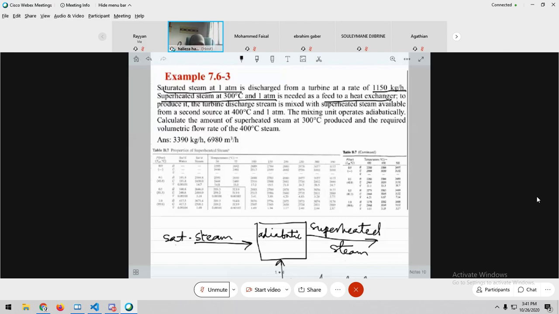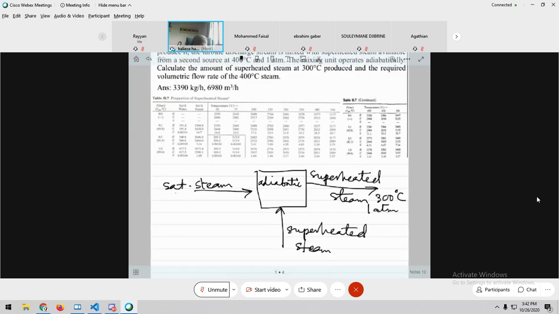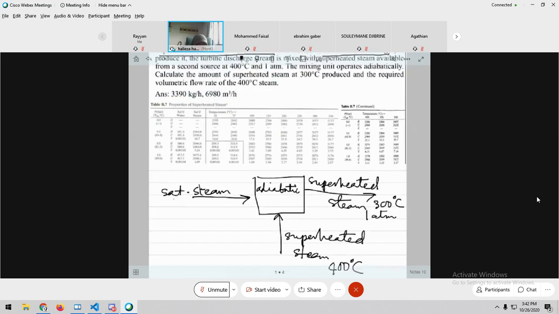And let's see. Calculate the amount of superheated steam at 300. Okay. This is your superheated at 300 degrees C and 1 atm. You're going to have another superheated steam at a temperature of 400. This is going to be at 400, 1 atm.